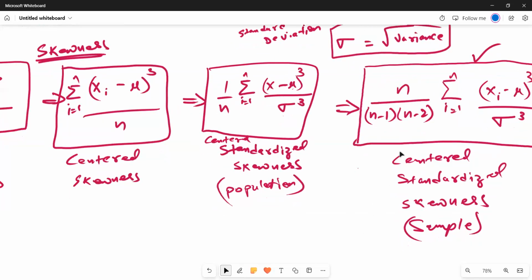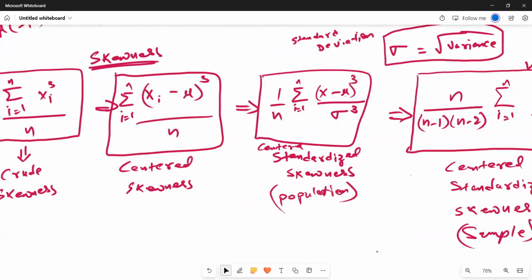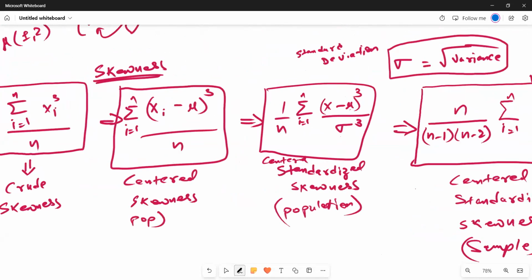All right. And there is also a 4th type of skewness. Okay, so centered skewness is for population. Real world applications will be very soon clear, right?